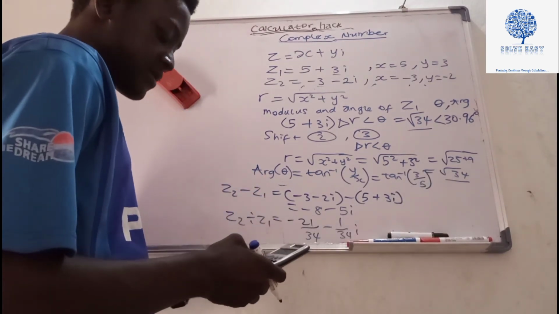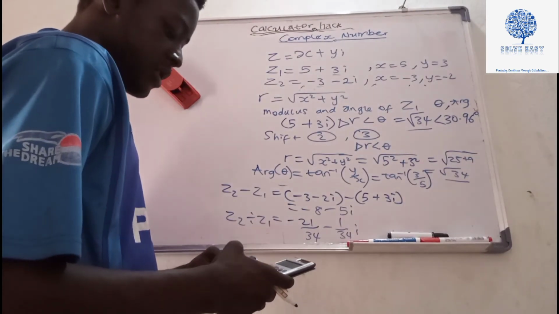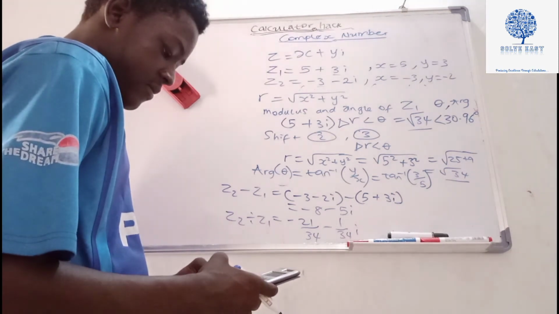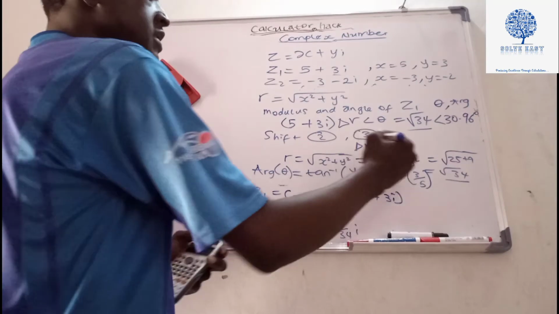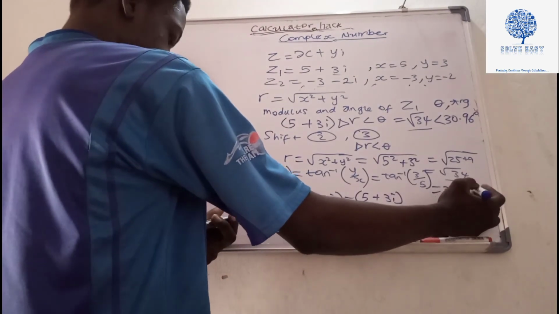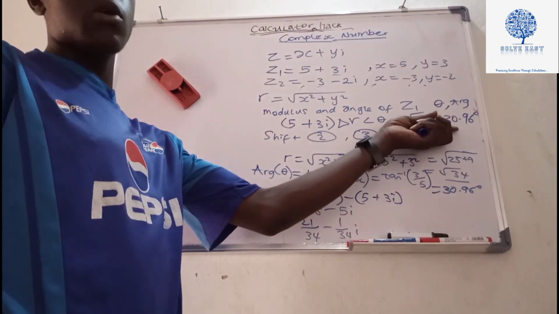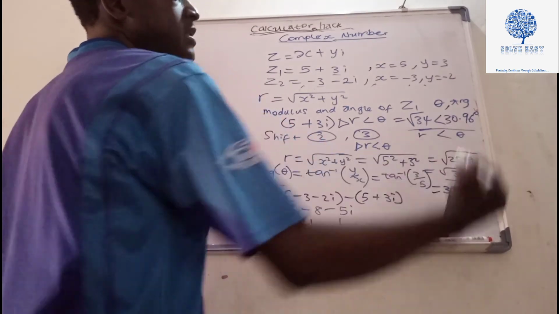Now tan inverse of 3 divided by 5 gives 30.96 degrees, which verifies the answer we got using our calculator for our modulus and our theta.